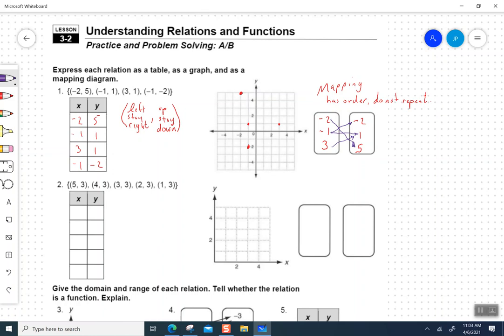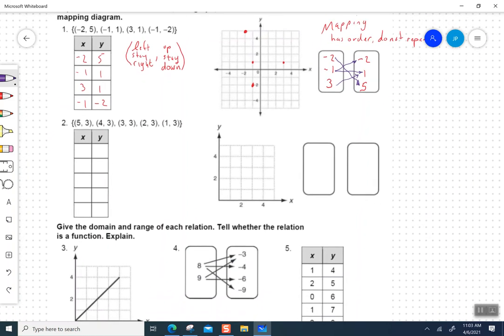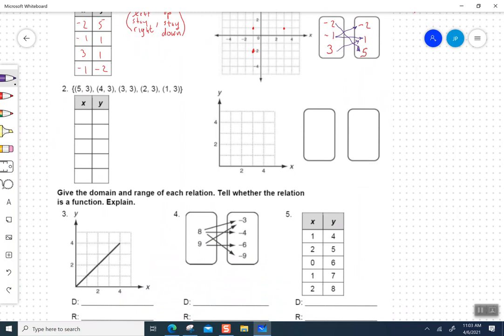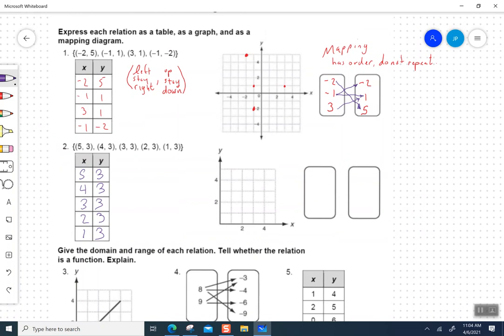All right, so I'm just going to go down here and take a look at question number 2. Question number 2, we start with (5, 3), (4, 3), (3, 3), (2, 3), (1, 3). All right.